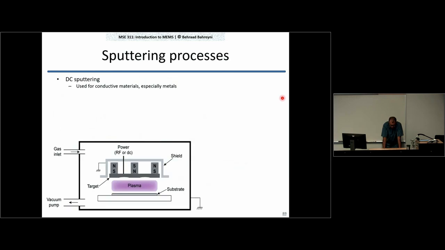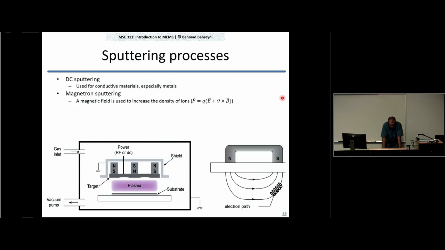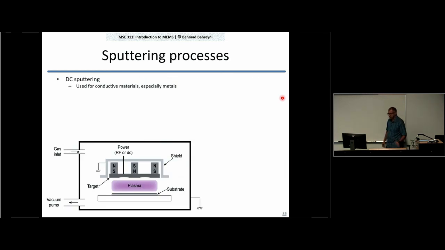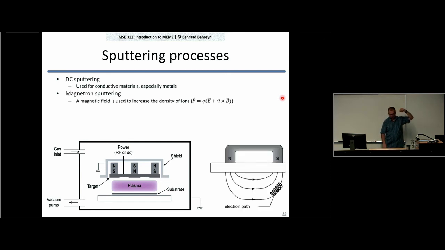However, at the end of the story, you have a situation where the sputtering yield is not really that high. And what they do is add a magnetic field to the process, where you put very strong magnets behind your source. By doing so, the electrons produced in this environment, instead of traveling in a straight line, take a spiral route.